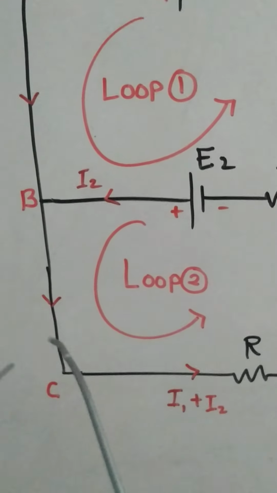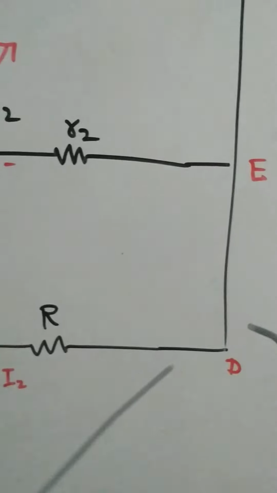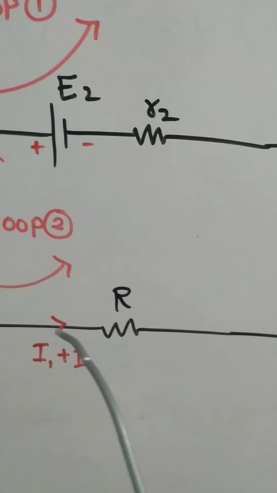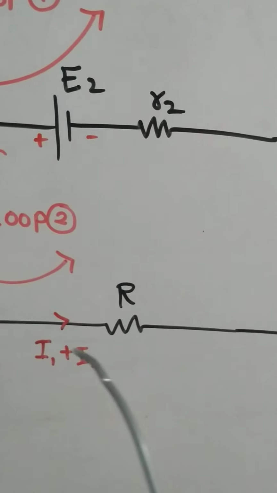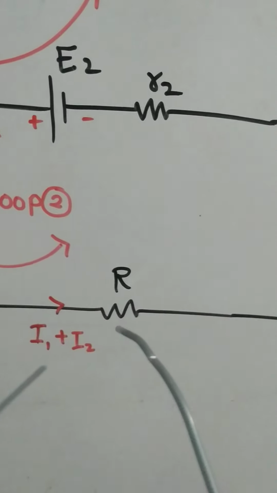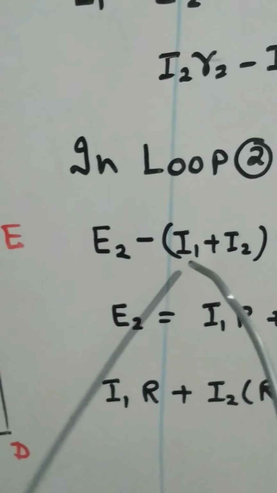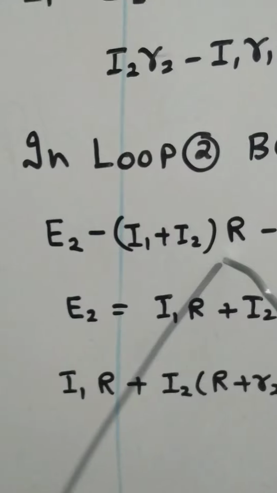When we move from B to C, then C to D, we are traversing in the direction of current, so the drop (I1 plus I2) into R is negative.